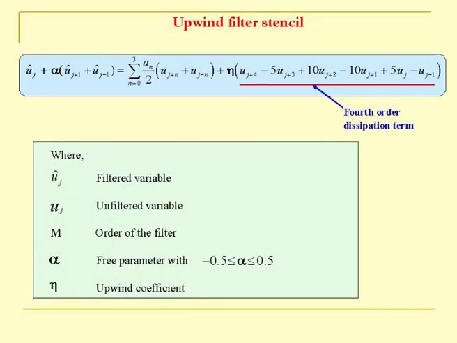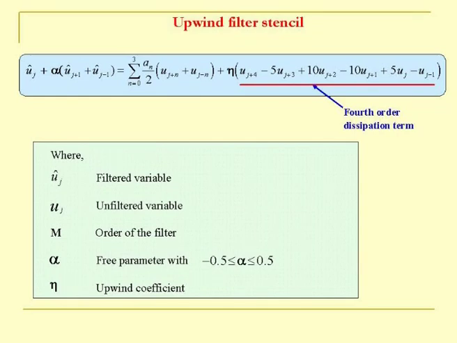Now, this is something which we have done in very recent times. This is the only work that has been reported so far. What we do is what we had done earlier for central schemes when we were developing compact schemes. We realized that sometimes numerical instabilities can be cured by upwinding.